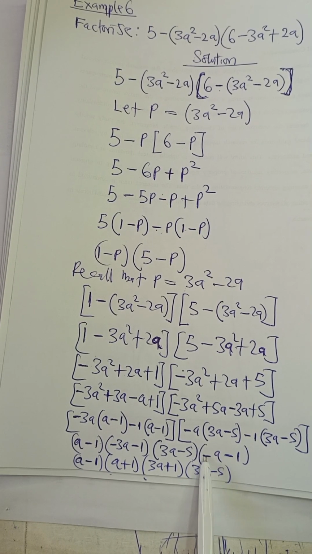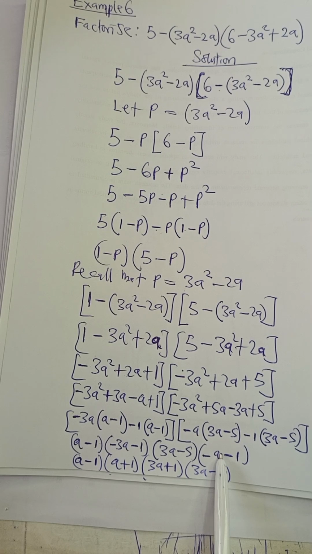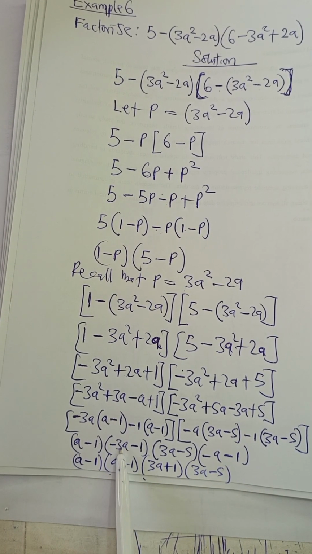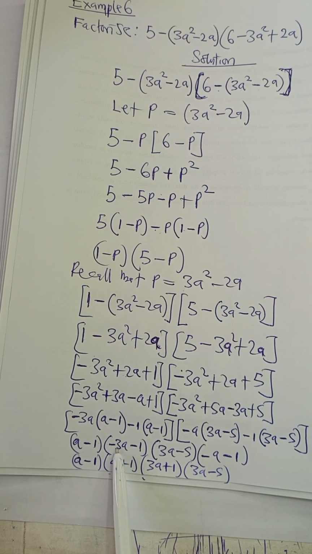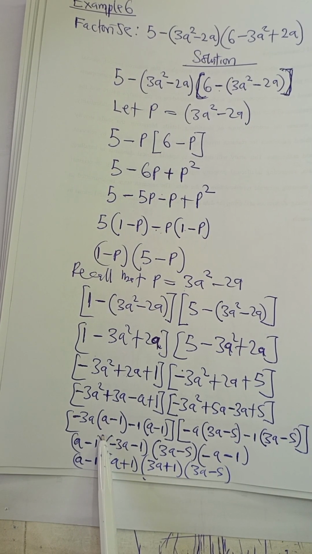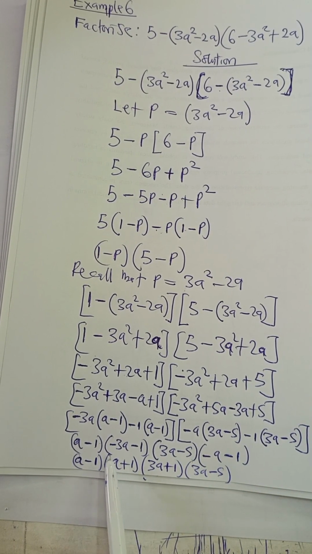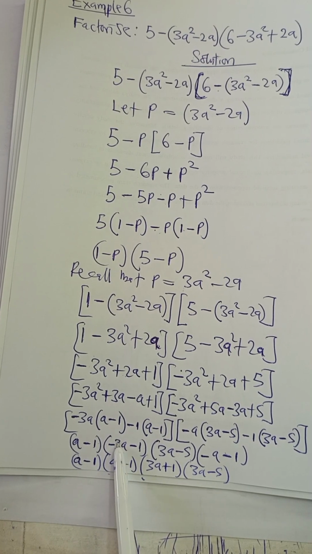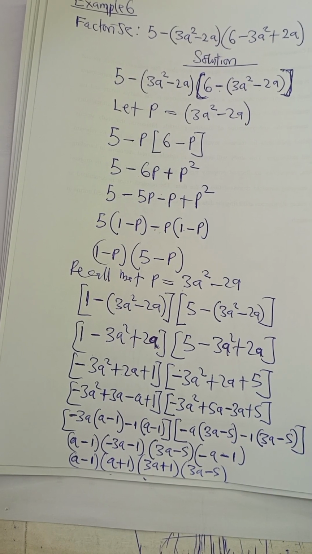When you bring minus out, you have a plus 1. But why is the minus not reflecting here? Because this one, if you bring minus out also, you have 3a plus 1. The minus that is out here times the minus that is out here will give you plus. So that is why this one is positive and this one is positive. So this is the answer.